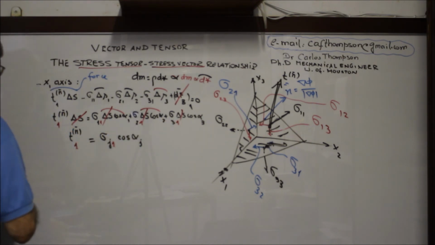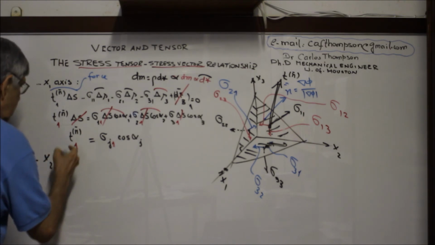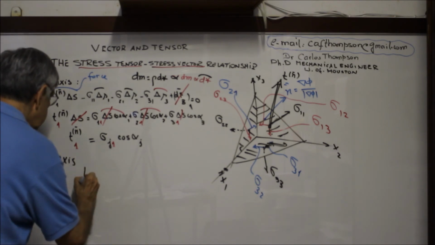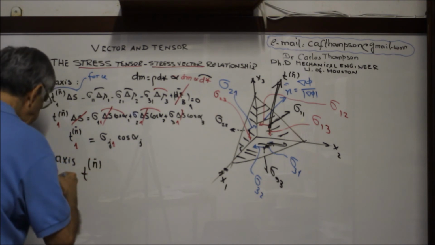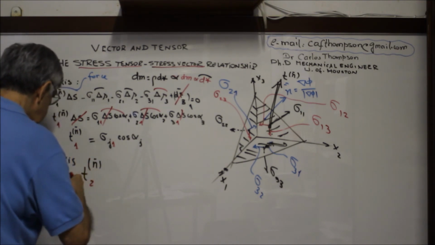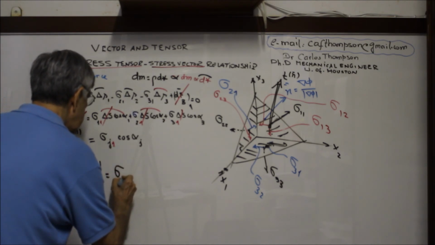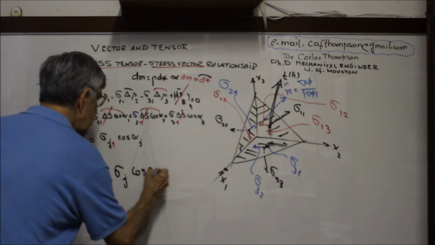Now for the x2 axis, from here we can write T n 2 is equal to sigma 2 j cosine alpha j.